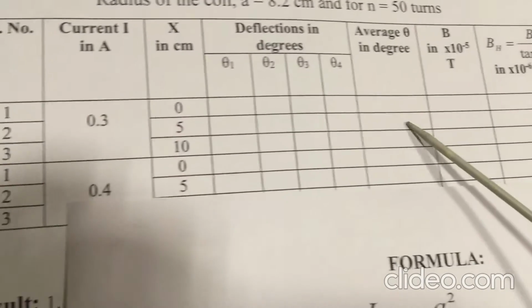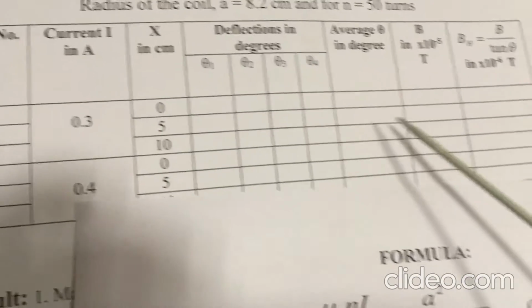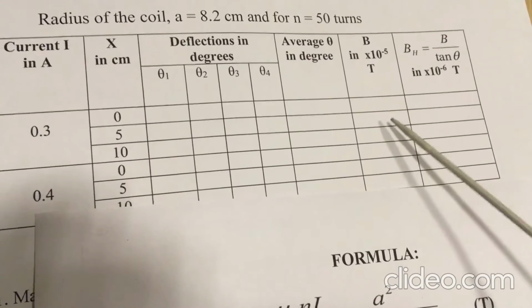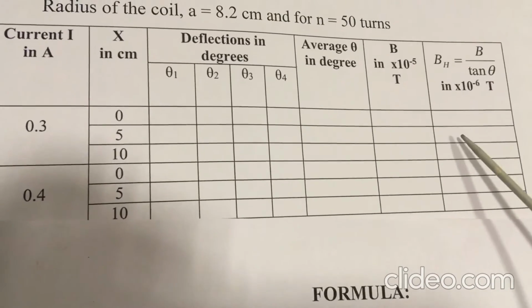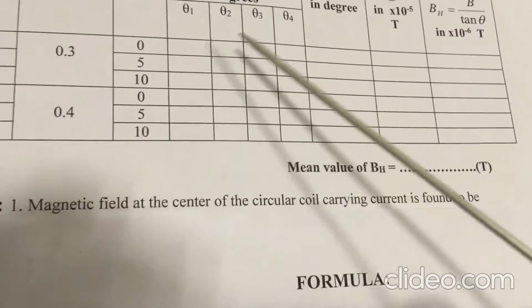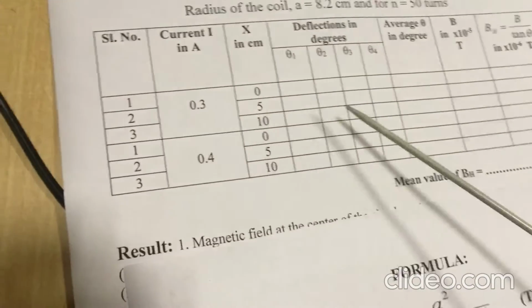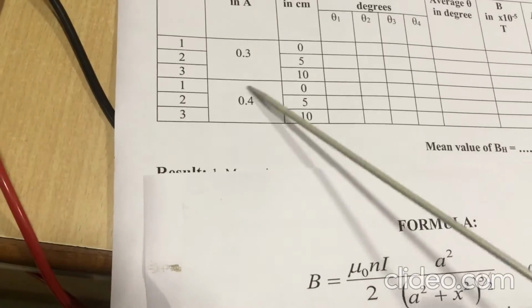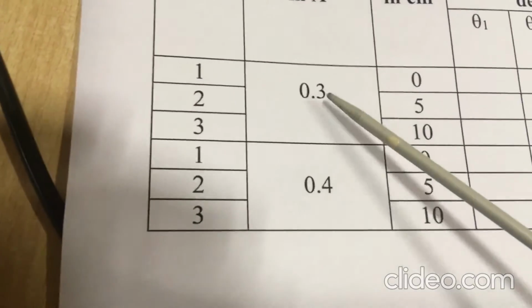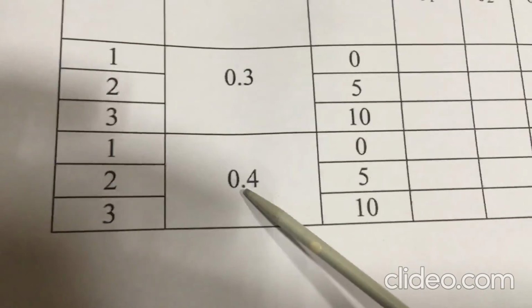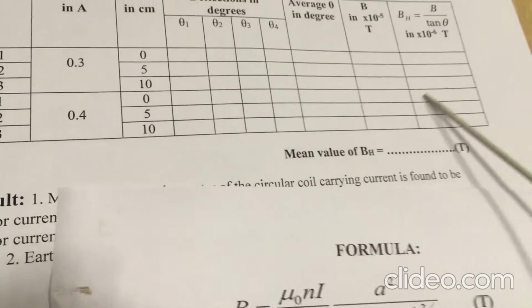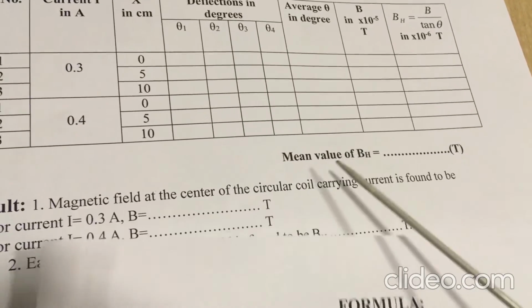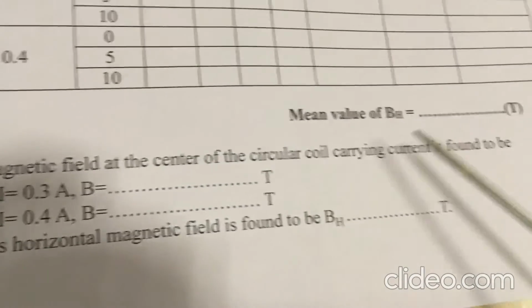Similarly for x is equal to 5, again we have theta and B, substitute and we get BH. Also we can do this experiment by varying the current. Instead of 0.3 we can use 0.4 amps, repeat the experiment and again get the BH value. Now take the mean value of BH.